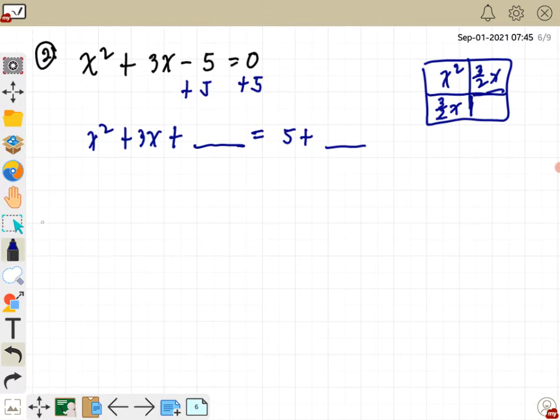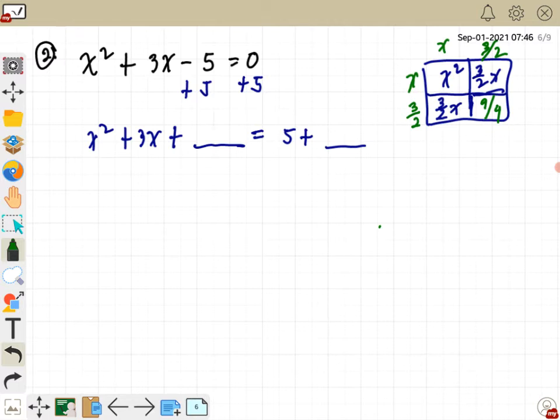So that gives our factors on top. We have x and x for x squared. To make 3 over 2x from x, we need to multiply x by 3 over 2 and 3 over 2. So multiplying 3 halves and 3 halves, you have 9 over 4.